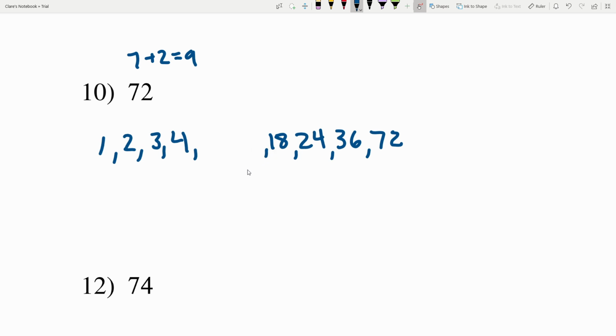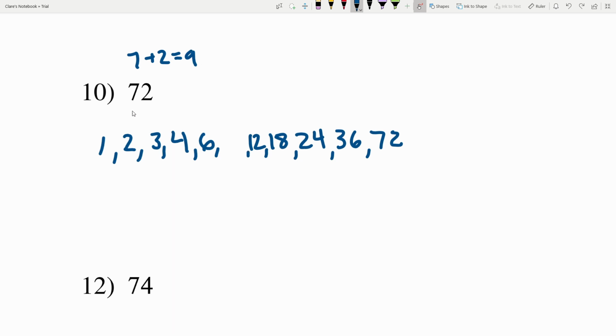So the next number in question, 5, doesn't end in 0 or 5, so it's not divisible by 5, but it's divisible by 6 because 2 and 3 both divide 72, therefore 6 has to divide 72. And 6 times 12 gives us 72.